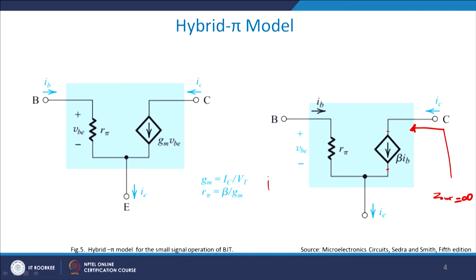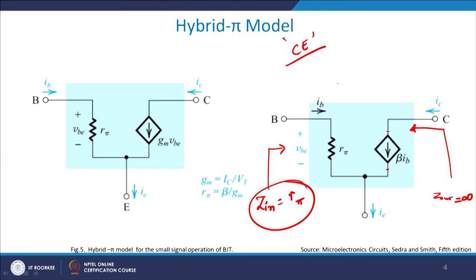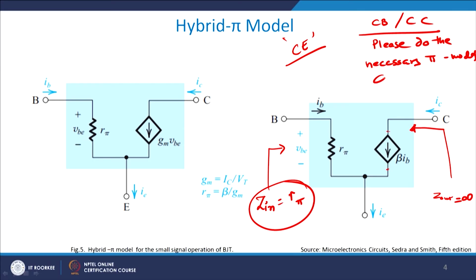And assuming that to be an ideal current source, we assume Z out will be infinity, whereas looking from the input side, the input impedance Z in will be approximately equal to R pi. So this is for the common emitter configuration. I leave as an exercise for you to find out the pi model for common base and common collector.